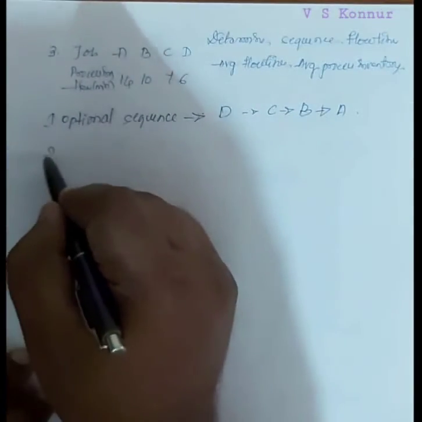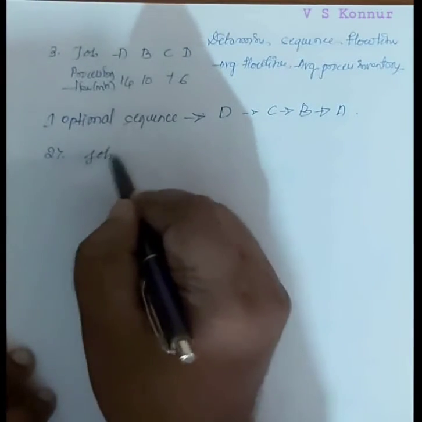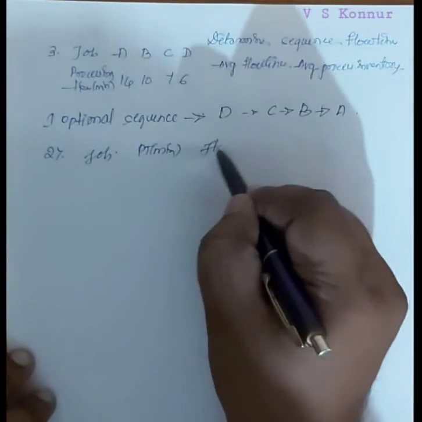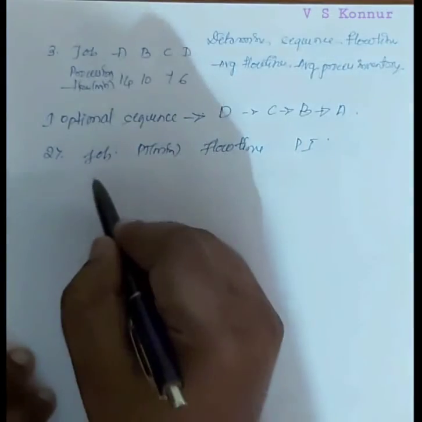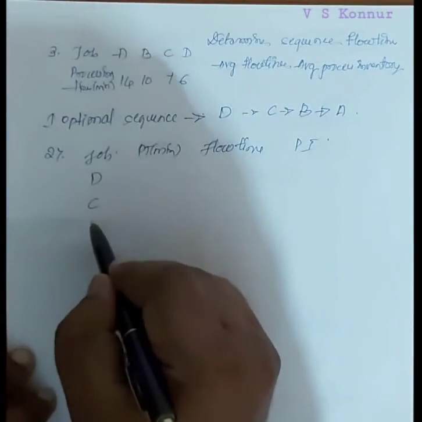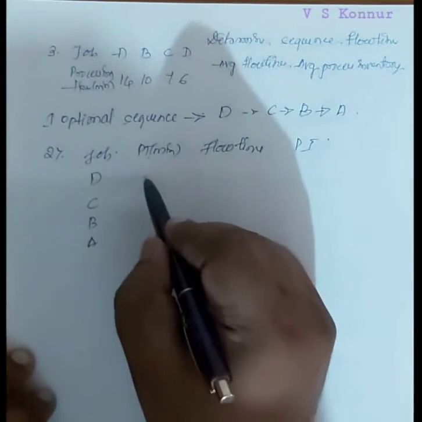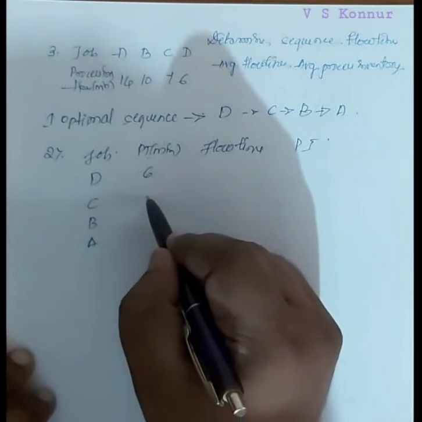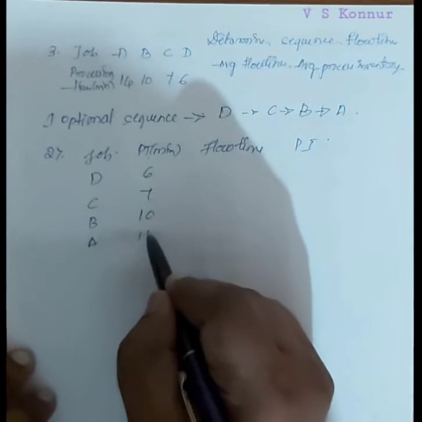Then we have to find out the second one, flow time. For flow time, we need the table: job, processing time, then flow time, then process inventory. Jobs are depending upon the optimal sequence D, C, B, A. Then processing time: D is 6, C is 7, B is 10, A is 14.